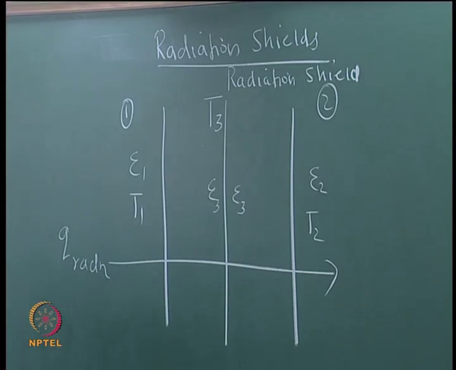So is the configuration clear? Now the challenge is to come up with a mathematical expression for Q with the shield.